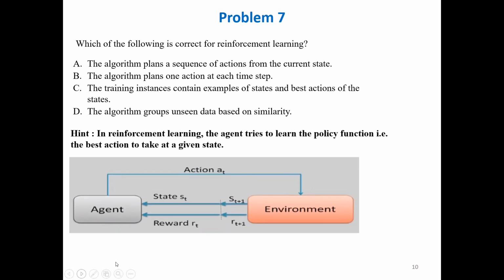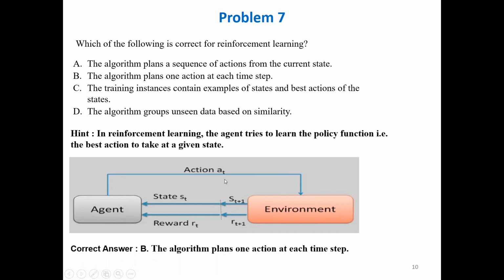Okay, there is an environment, there is an agent, and the agent takes some action continuously on the environment based on its current state and the reward the environment is giving to the agent. That is nothing but reinforcement learning.